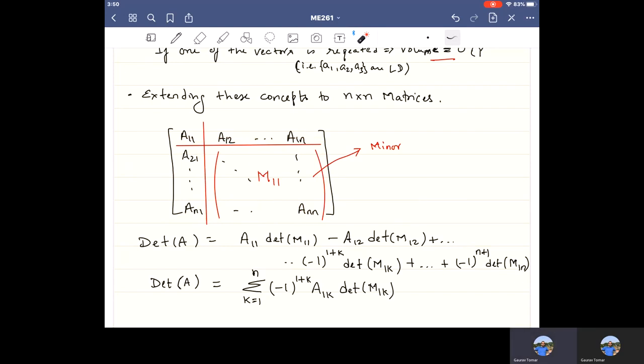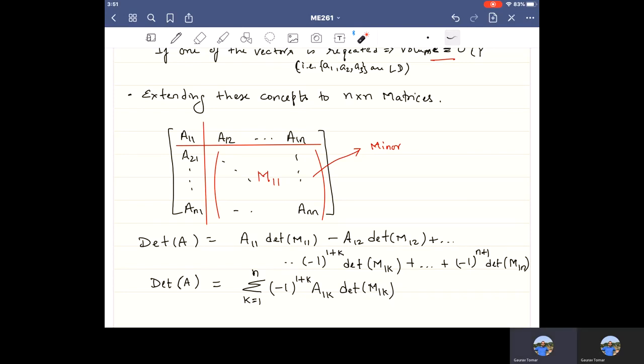Now, in general, for the kth element here, you'll write minus 1 to the power 1 plus k. So you have plus here, minus, then again plus, then minus, then plus. It alternates. So for the kth element, the sign would be given by minus 1 to the power 1 plus k, and the determinant of M1k.